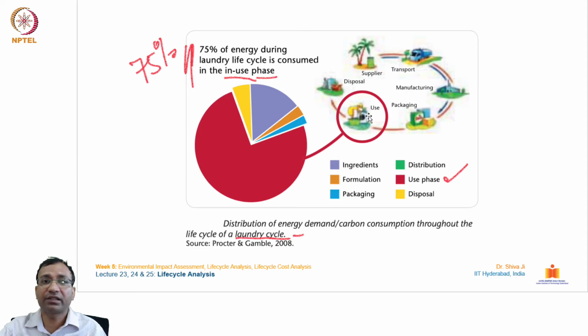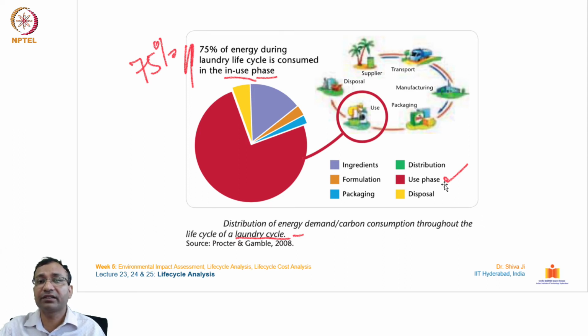It starts from the supplier, goes to transport, manufacturing, packaging, then use, then disposal. So this is the typical life cycle of laundry, and this is the place where it consumes the highest. So what is the learning from this slide over here?